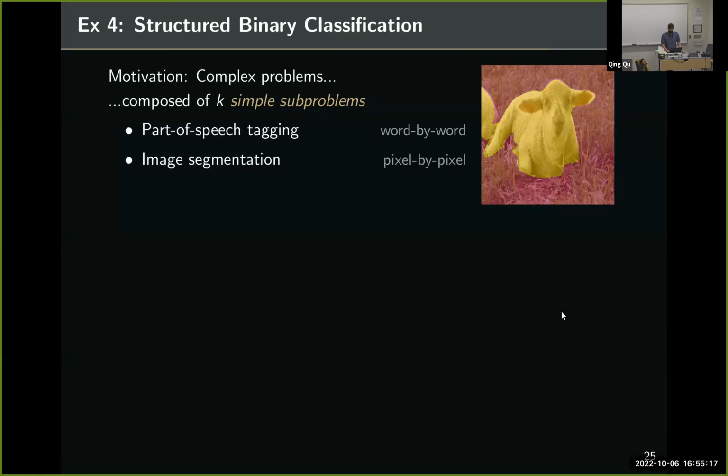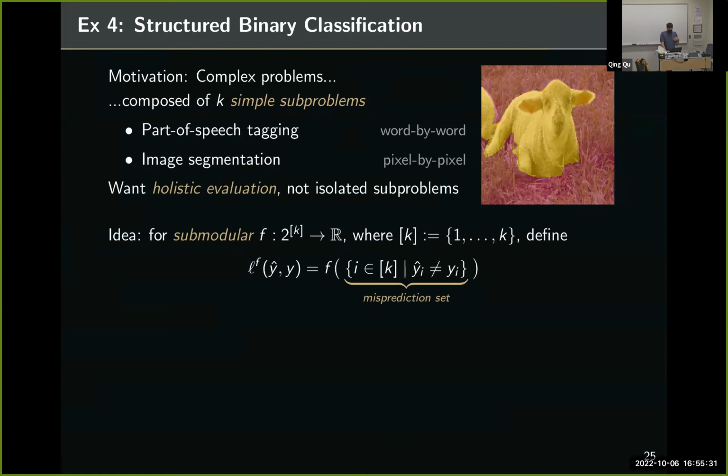And similarly, I'll use this example going forward, image segmentation, you try to segment an image into foreground and background. And it's really a pixel by pixel prediction, but you'd like to evaluate it on the whole image simultaneously. So one way to do this is to pick a submodular function and look at the set of pixels that you got wrong and define the loss to be that submodular function applied to that set of pixels you got wrong.